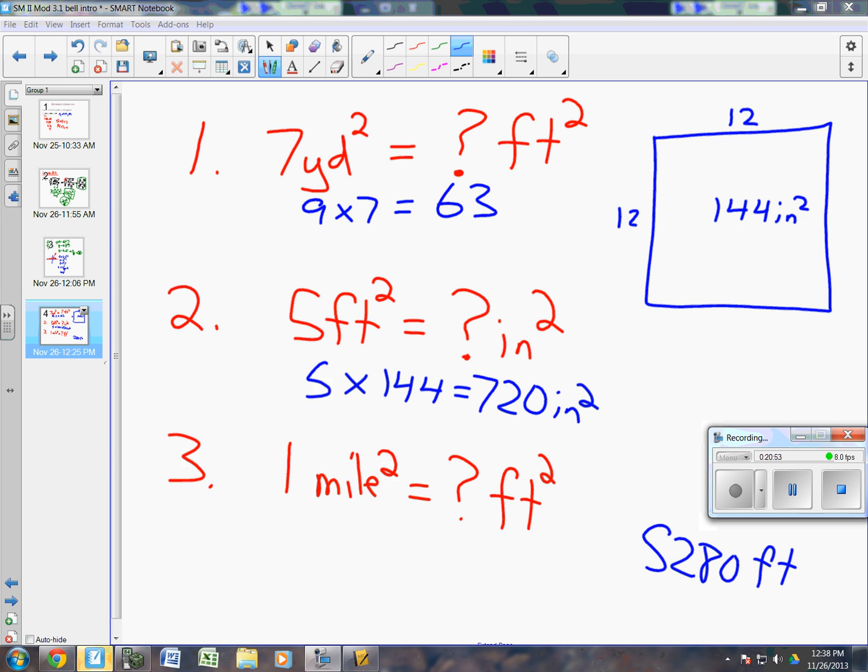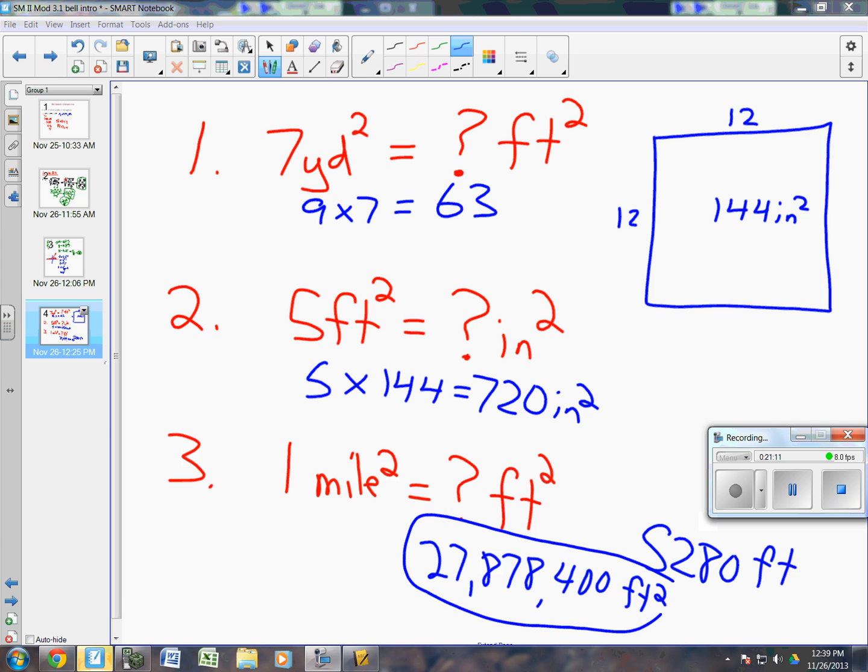So did you multiply that by itself? And what did you get? 878? And then what? 400? Square feet? So there's a lot of square feet in a square mile. Okay? We kind of get that idea? All right, there are 3 more problems like that on your assignment.